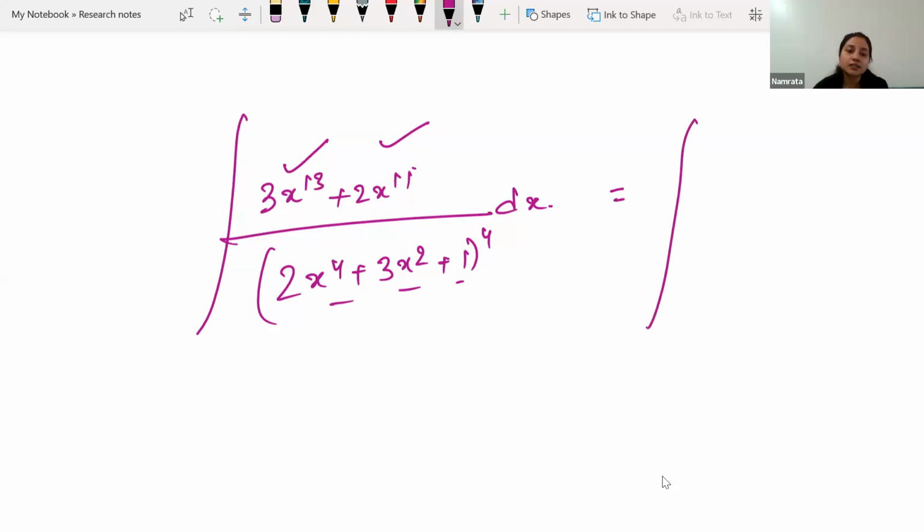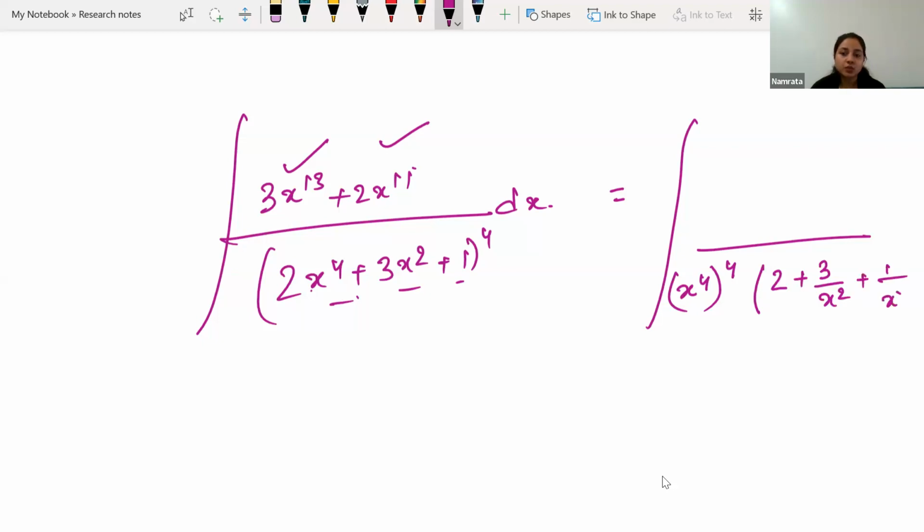If we take x to the power 4 common from the denominator, that will again take power 4, because I'm completely taking it out of the bracket. So it will become 2 plus 3 by x square plus 1 by x to the power 4, whole to the power 4 over here. Any confusion so far? Let me know.